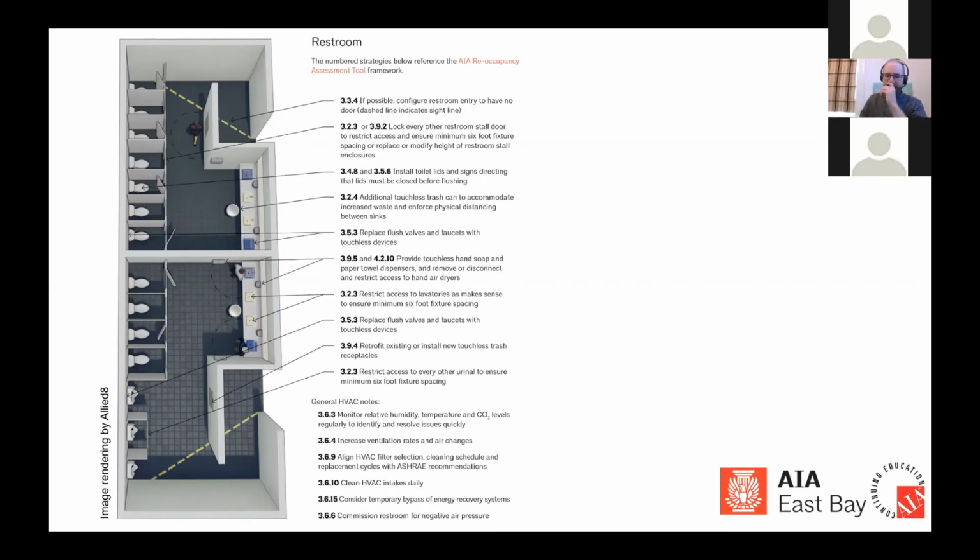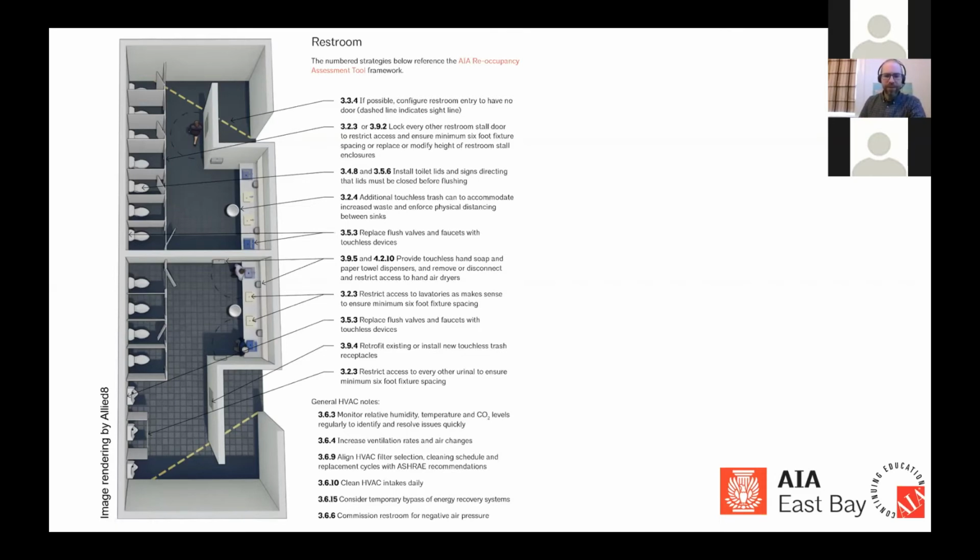And finally, when we talk about lower occupancies, or perhaps even blocking off certain toilets, you may see some guidance about having every other toilet stall locked to help reduce the density, the simultaneous occupancy of a restroom space.